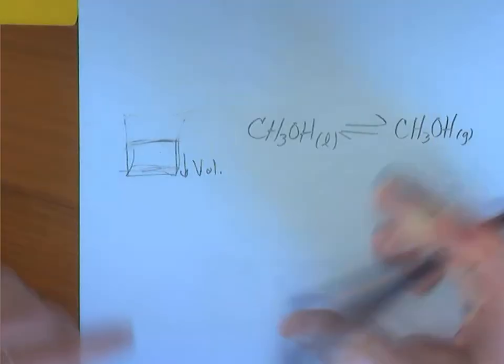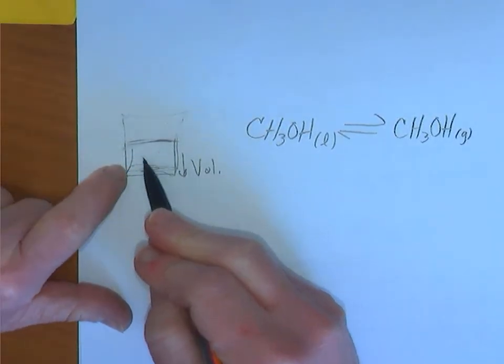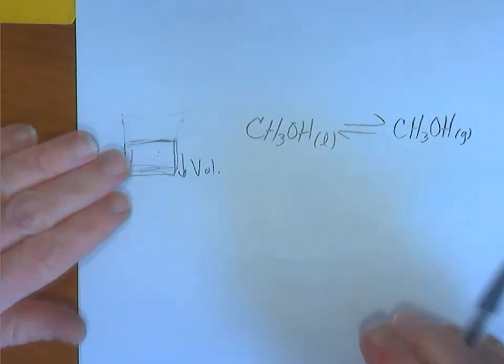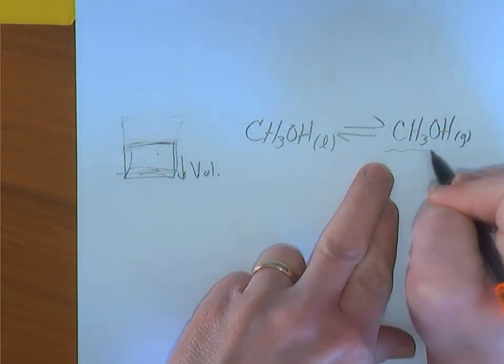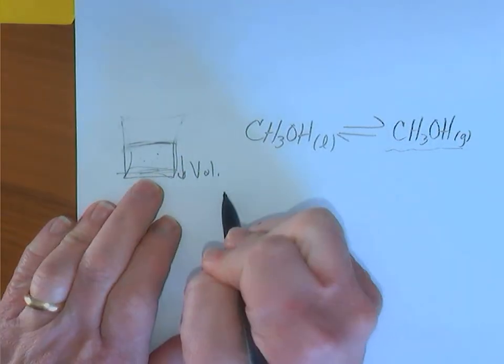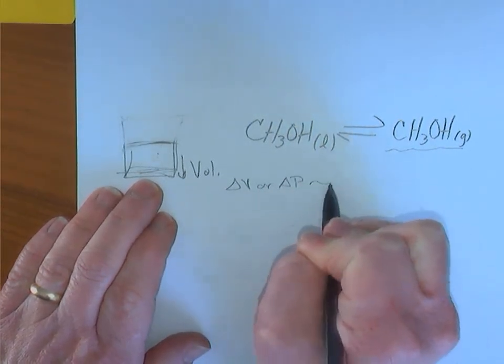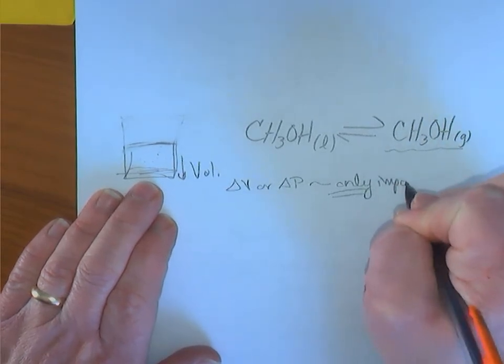Okay, well, what is that immediately going to do? That is going to take all those vapor molecules and they're going to come closer together. So we could say that the change in volume affects the vapor. So remember, a change in volume or a change in pressure only impacts gases.